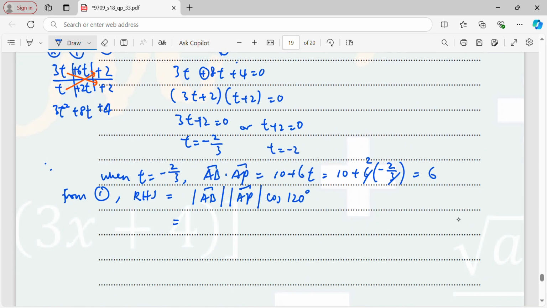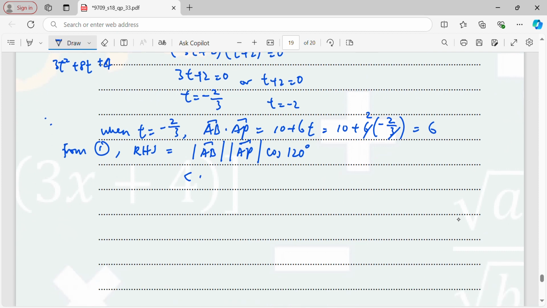So then I would realize that this ends up less than 0. Okay? Because modulus AB is greater than 0, modulus AP is a magnitude greater than 0, cos 120 is negative half, which is less than 0. So we multiply all this. This is basically less than 0. So I will just write here. Right?